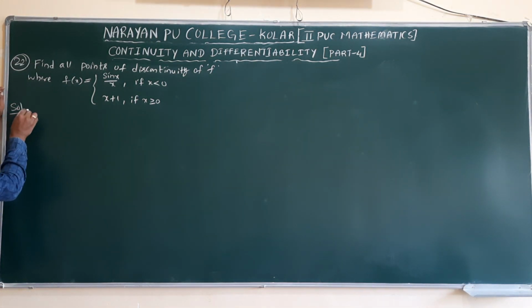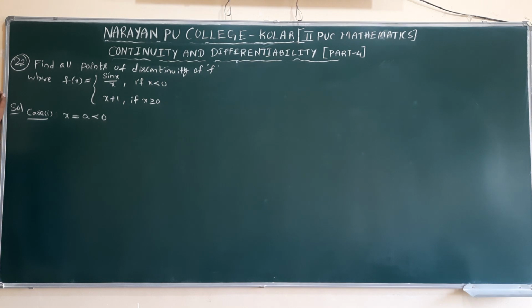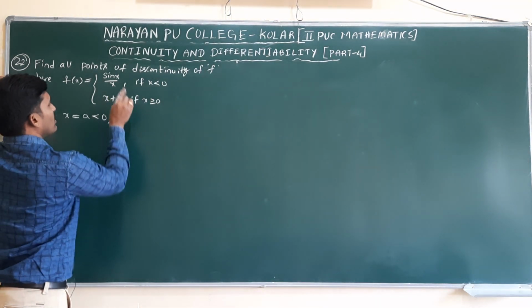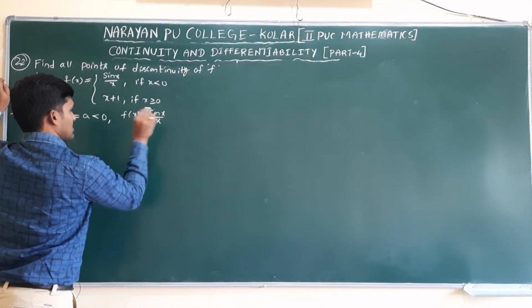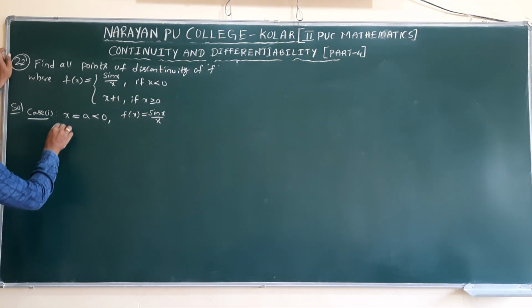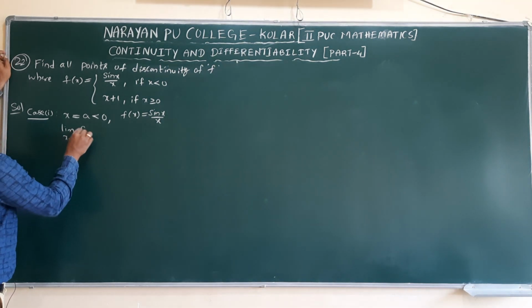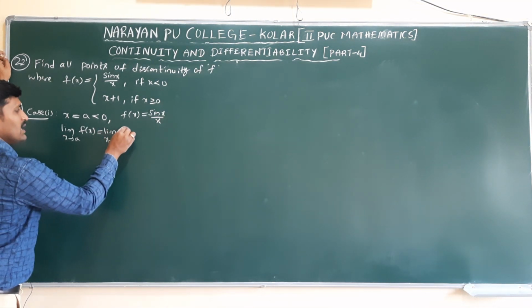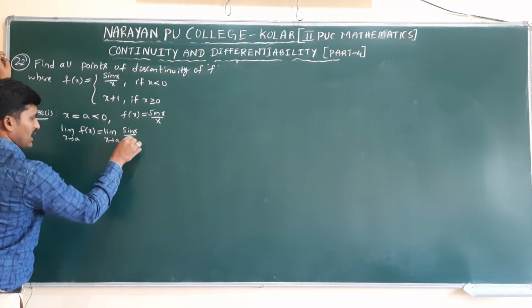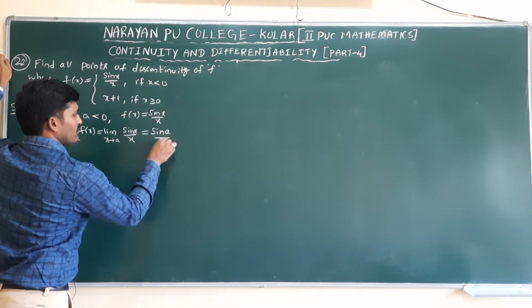Three cases again. First case 1, x is equal to a which is less than 0. For less than 0, there is only a single function, that is f of x equal to sin x by x. In the place of a, you can take the c symbol also, no problem. Here you have a single function, that's why we'll use the first definition. Limit x tends to a, f of x is sin x by x. Substitute the limit here, sin a by a.